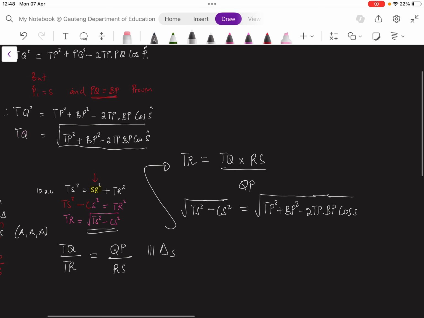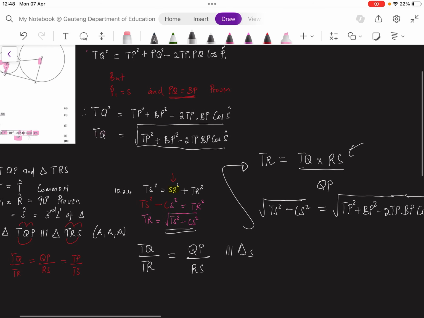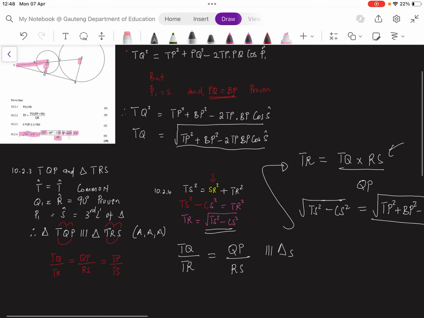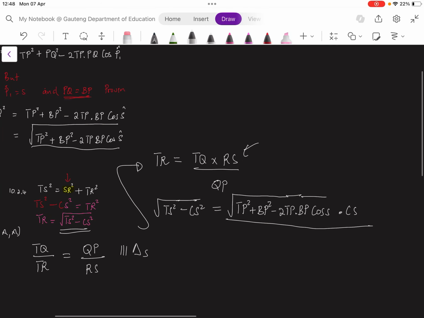No, instead of RS, we can replace it with CS from the diagram. CS all divided by, do we need QP? No, instead of QP, we can just put BP. So we have proved what was required to prove.